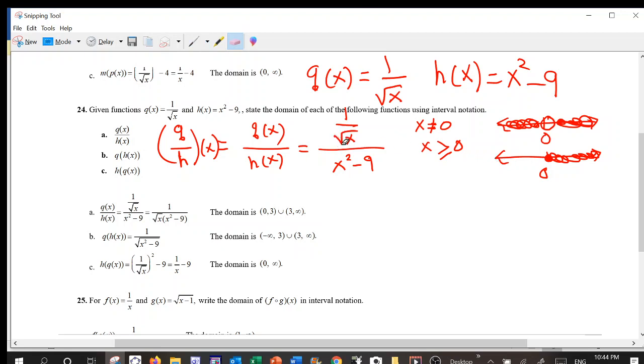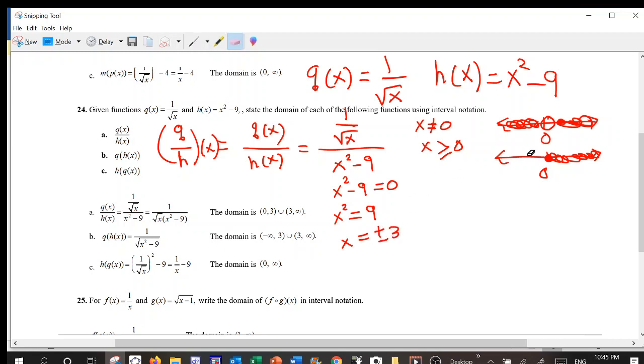The fact that it's in the denominator gives us this condition. And this denominator is another denominator that cannot be 0. So x squared minus 9, let it equal 0. Then x squared is 9. So x is plus and minus 3.